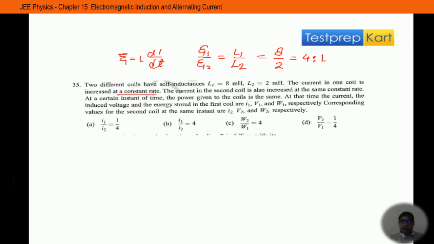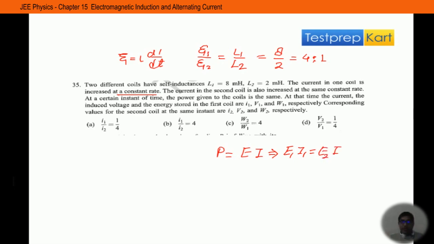Now the second condition is saying that power is supplied at a constant rate. So if power is supplied at a constant rate, then we already know that power is equal to E into I. So we can say that E1 I1 is equal to E2 I2, because power is EMF multiplied by current.